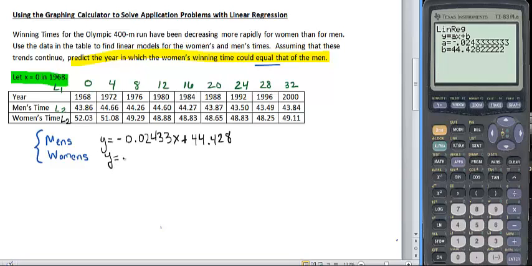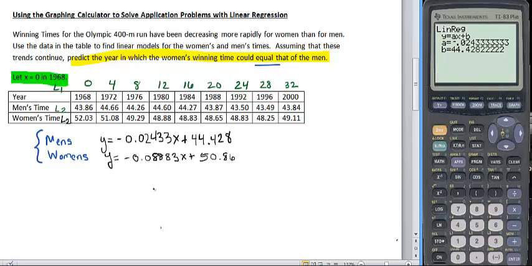Y should equal negative 0.08883 times x plus 50.86. These two equations now become my system, and again I want to find where they're equal.